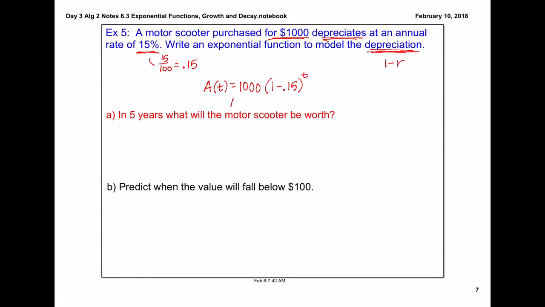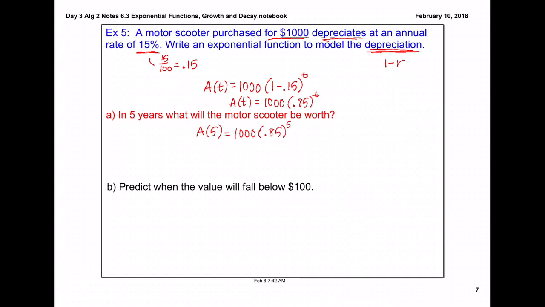When we simplify that, we get A of t is equal to 1,000 times 0.85 to the t power. In 5 years, what will the motor scooter be worth? So we evaluate our function for 5. A of 5 is equal to 1,000 times 0.85 to the 5th power.